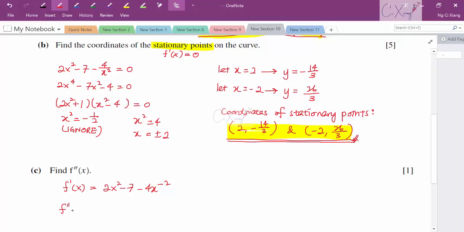To get the second derivative, you continue the differentiation from the first derivative, where I have 4x. Differentiate the negative 7, you get 0. And differentiate this one, you will have positive 8x to the power negative 3. If you want to write it in a better way, you can write it in fraction form in this method. So this is my second derivative.